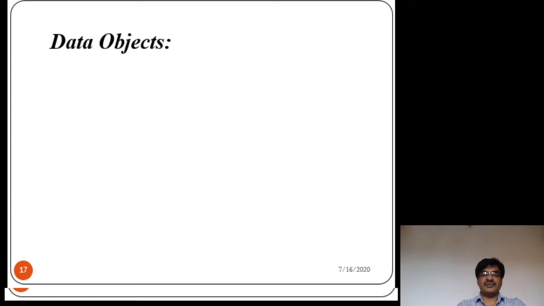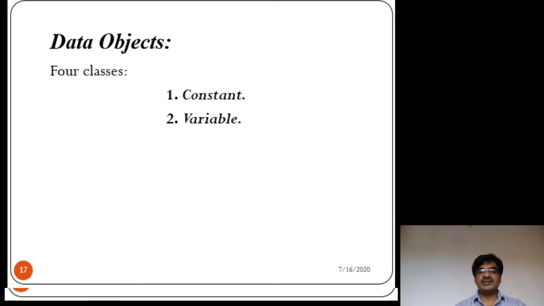In the language, there are four different classes of data objects available: constants, variables, signals, and files. So let us see them one by one.